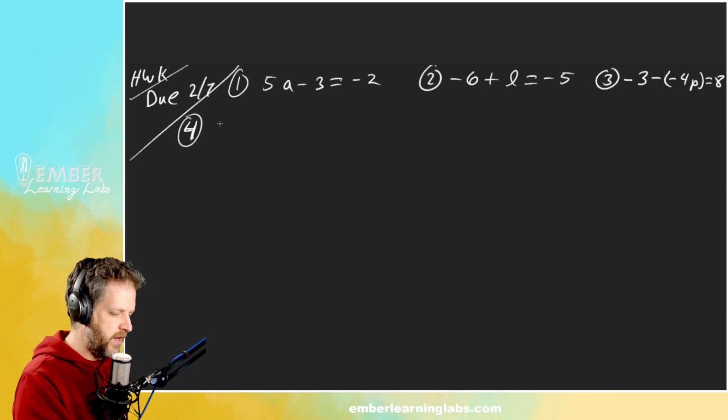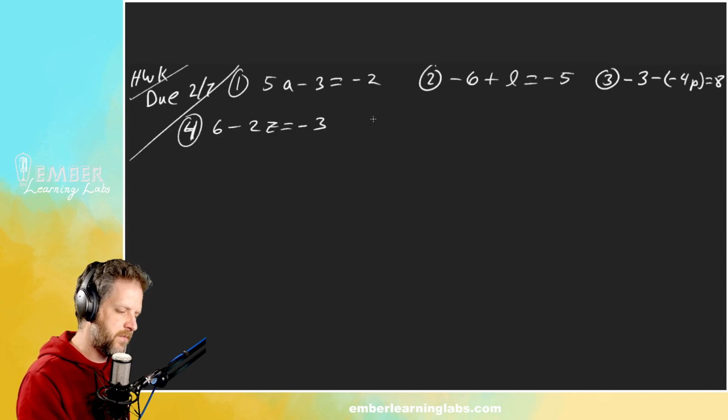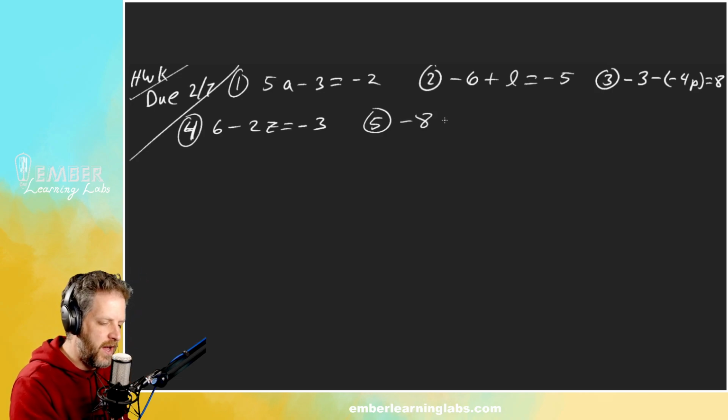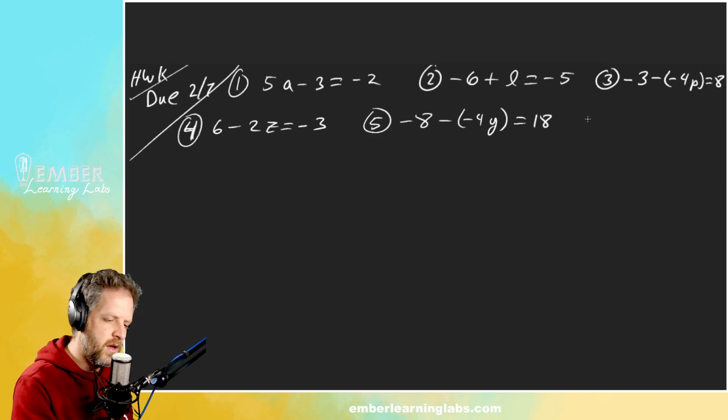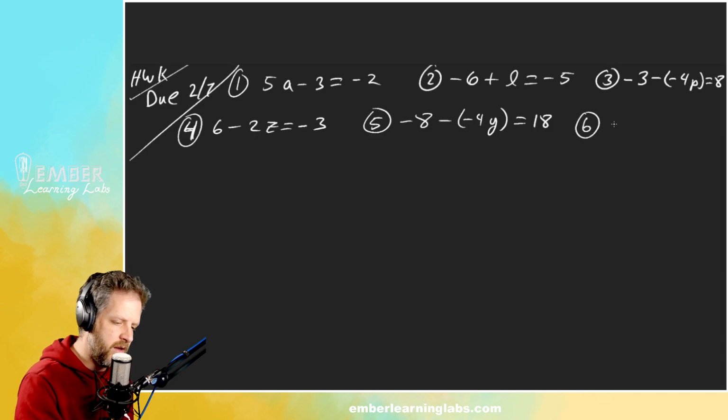Number 4 is 6 minus 2z equals -3. Number 5 is -8 minus -4y equals 18. Number 6 is b minus 8 equals 62.